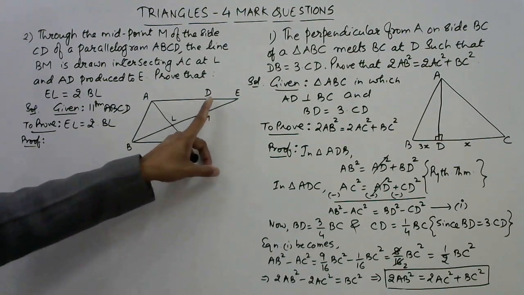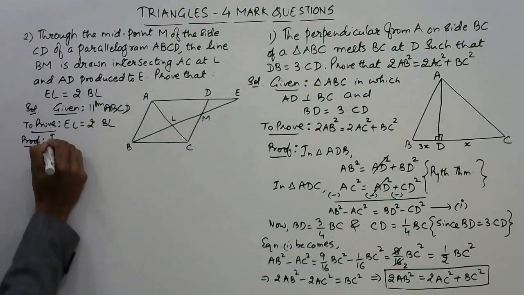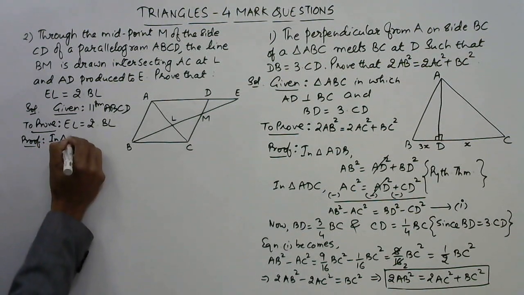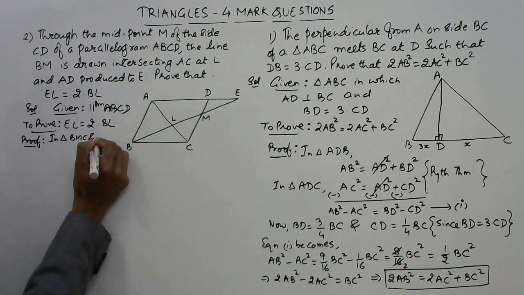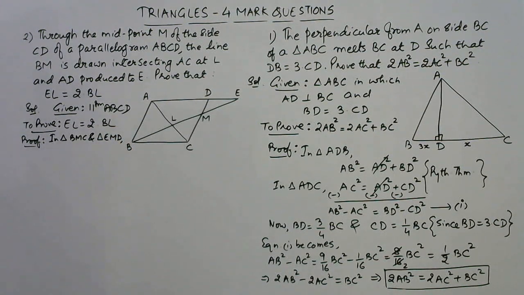It is not looking congruent because the figure is not up to the scale. So in triangle BMC and triangle EMD, now for proving them congruent, we need 3 things.